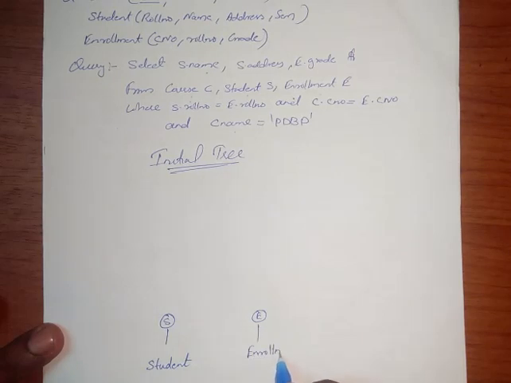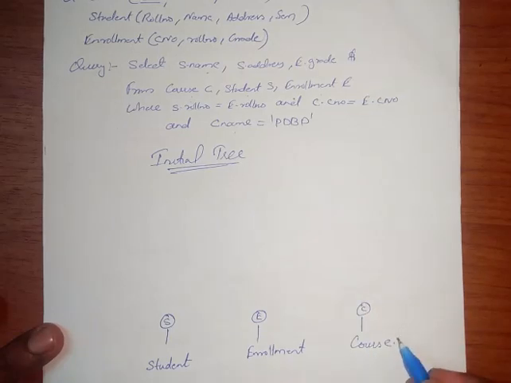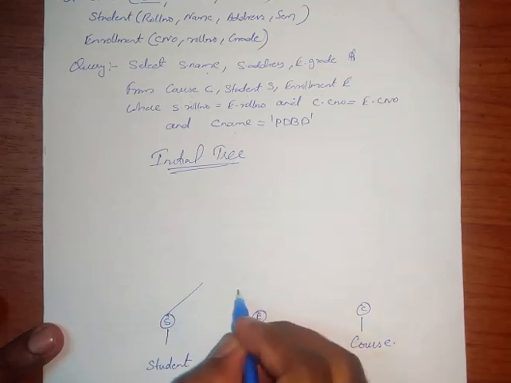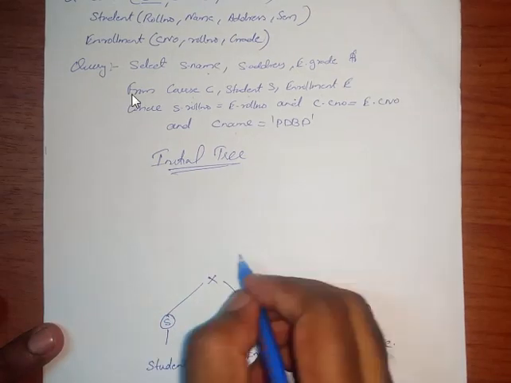At the bottom of your tree, you have to write the tables, and if there is renaming given in the selection query, you have to rename them: student as S, enrollment as E. Then you have to do the next procedure. We know that here we are crossing or joining all the tables: course, student and enrollment.